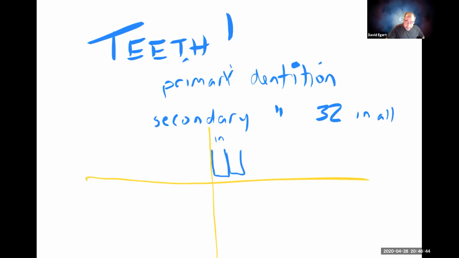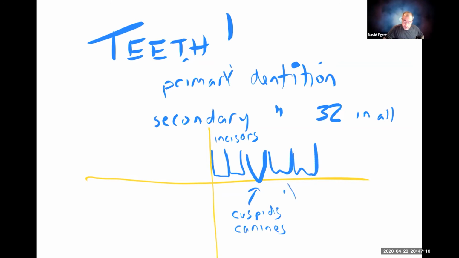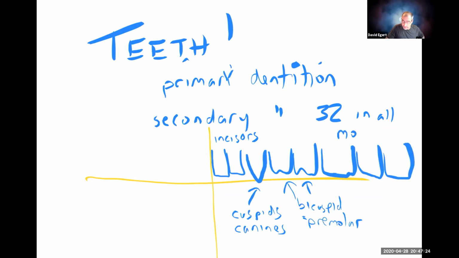You've got your incisors, which are basically for slicing through things, your canines or cuspids, which are more for ripping, your bicuspids or premolars, and then you have three true molars here.